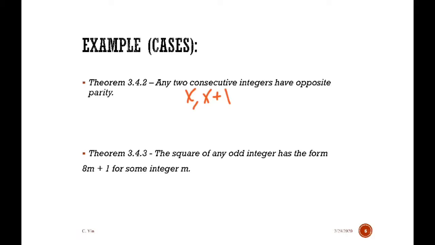Well, there's our 2 cases. So in this situation, let's just say we use x and x plus 1. Our 2 cases will be, number 1, x is even, and our second case could be that x is odd.